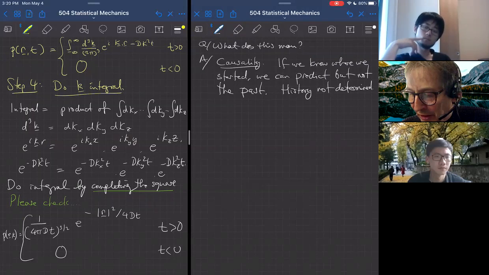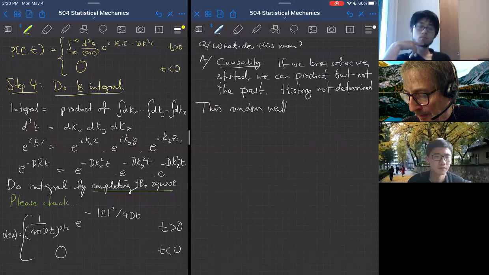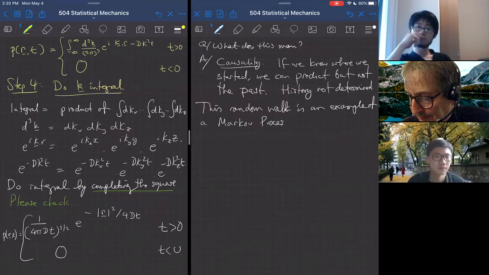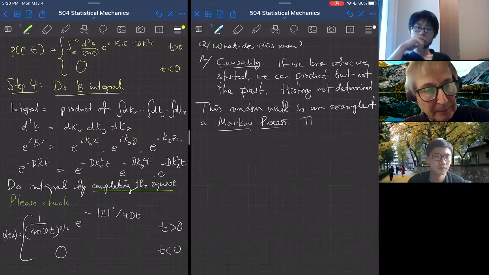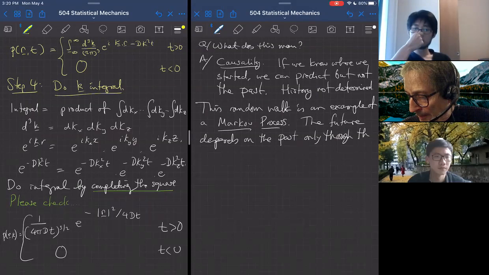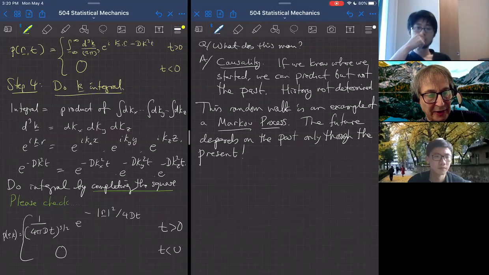And this process is an example of a Markov process. And that really means that the future depends on the past only through the present. And that thing is called a Markov process.